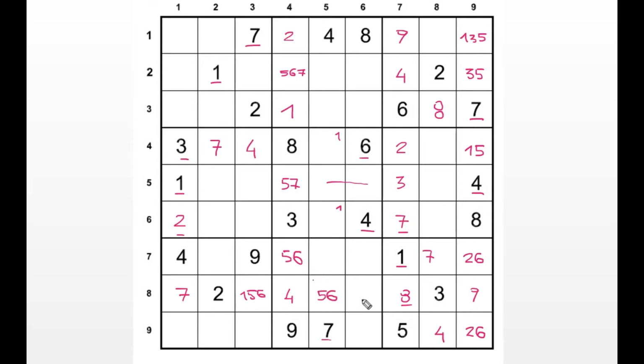And finally, in this cell will be, because this is a number 6 here, number 1 and number 5. But here in these 2 cells there are two numbers, and here cannot be number 5, here must be number 1.